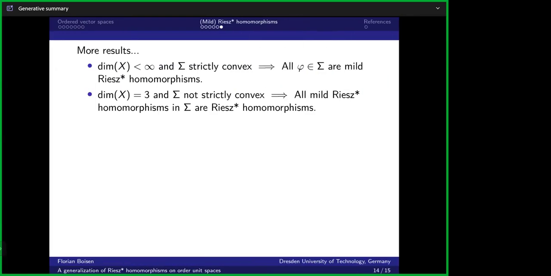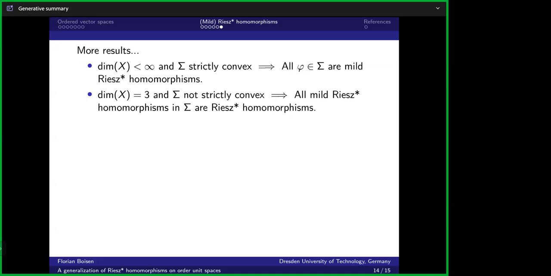What's also quite interesting is if your space is three-dimensional and your sigma is not strictly convex, then the other extreme case happens, meaning that every multi-star homomorphism is already a Riesz-star homomorphism. So in particular, for these three-dimensional spaces, only two situations can happen: either everything is a multi-star homomorphism, or the multi-star homomorphisms are precisely the Riesz-star homomorphisms.